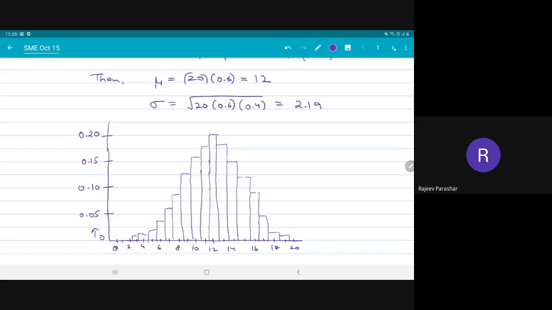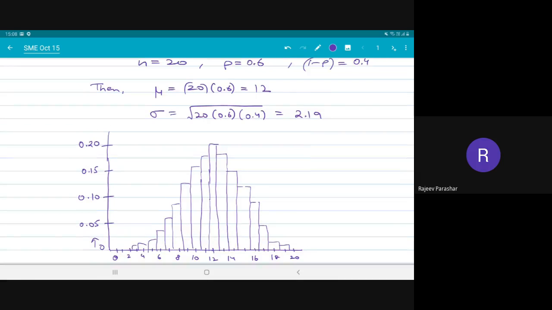So this is slightly skewed towards the right because the probability of success is greater than 0.5.